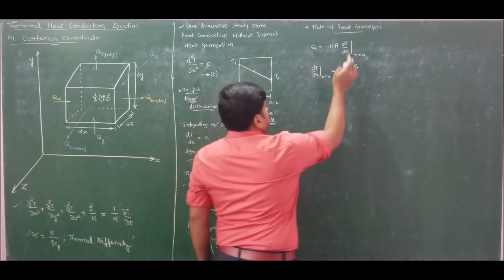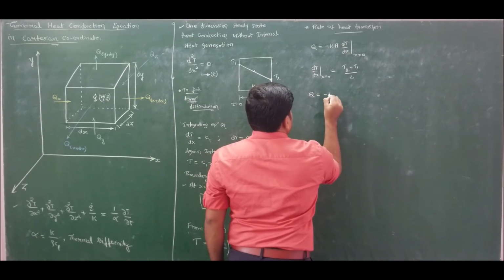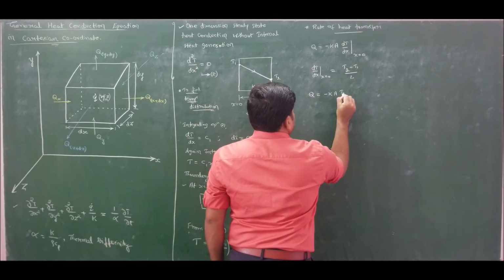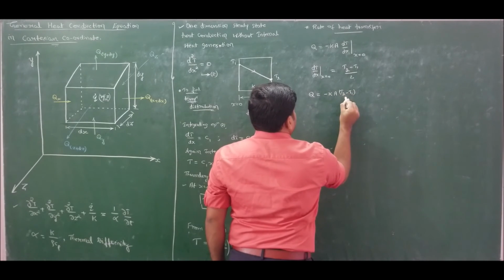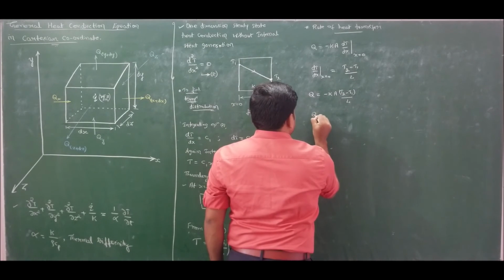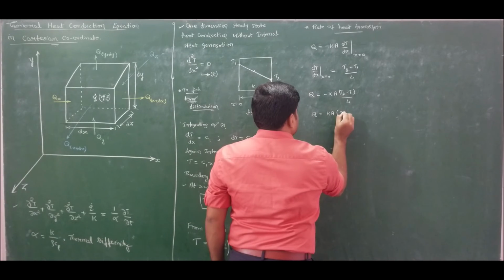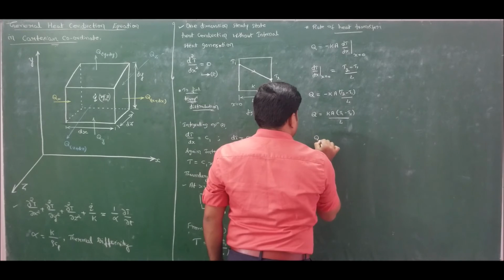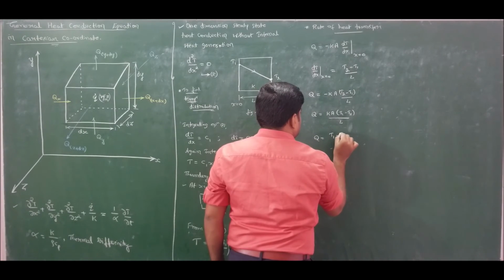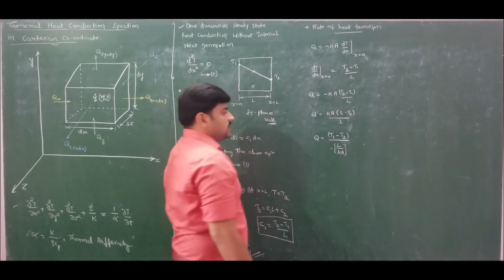Now substitute this in the rate of heat transfer equation, we will get Q is equal to minus K A times T2 minus T1 by L. So multiply the negative sign inside. Therefore the rate of heat transfer will become K A times T1 minus T2 by L. So this is of the form Q is equal to T1 minus T2 divided by L by K A, which we already discussed in our previous lecture.